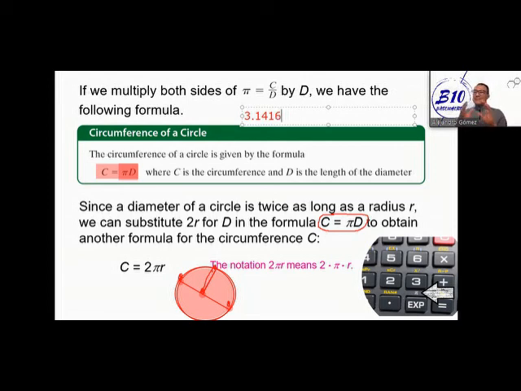We can make a rounding of it and say that this is the value of pi. If your calculator doesn't have it, because it's a very traditional calculator, well, you can use this number, 3.1416, right?